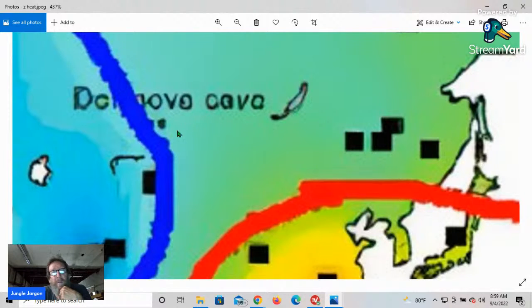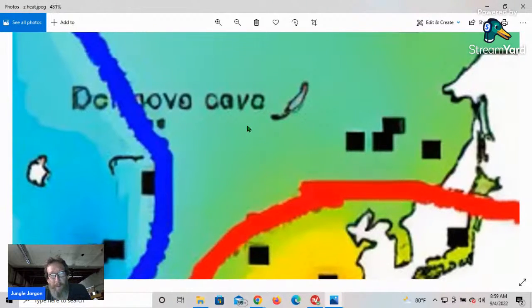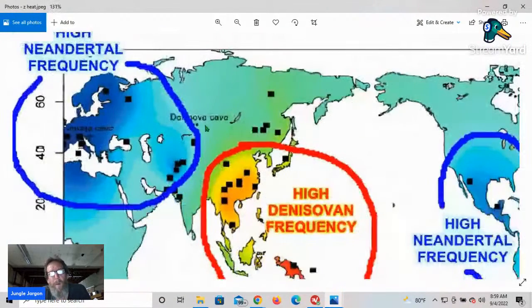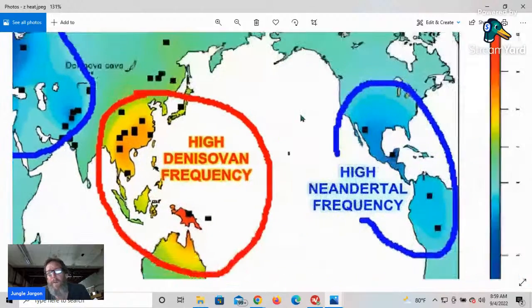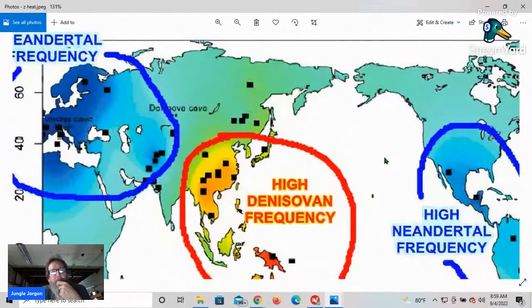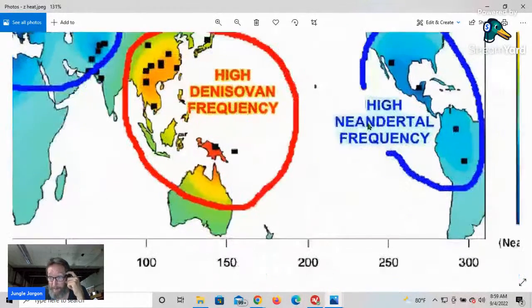This is the area of the C and the D paternal Y chromosome, and of course the Eurasian population. So Denisovans are a mix of Hamitic population and Neanderthal, and of course in America, it's Eurasian because of the Q paternal Y chromosome, which is Eurasian.